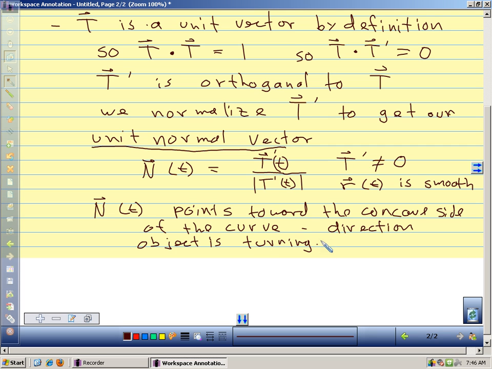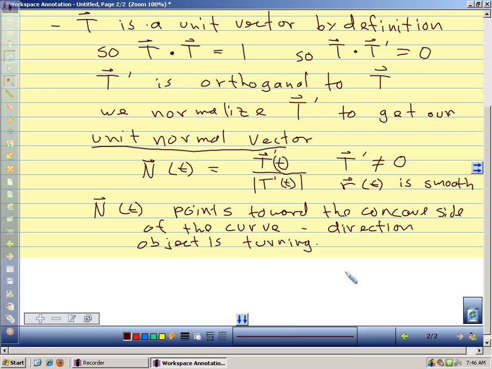So if you think of our curve representing a motion in space, our unit normal vector points in the direction that it's turning. And that's the same as saying it points to the concave side of the curve. Depending on how we calculate it, it could point in either of two directions, but we want it to point towards the concave side. Questions on our definition?